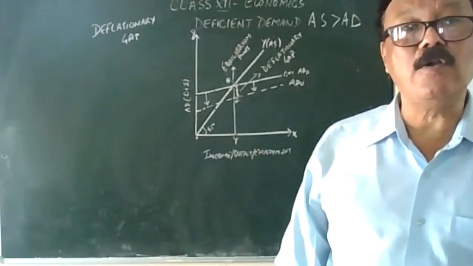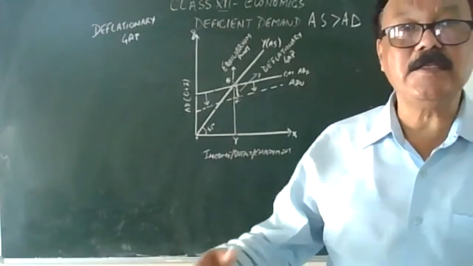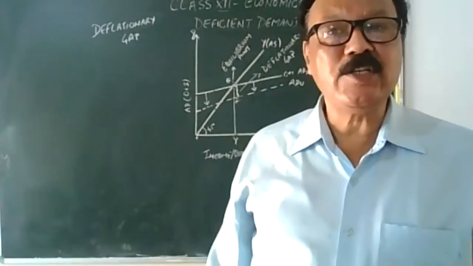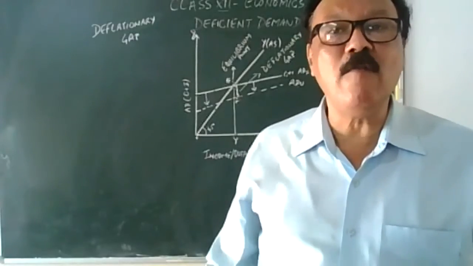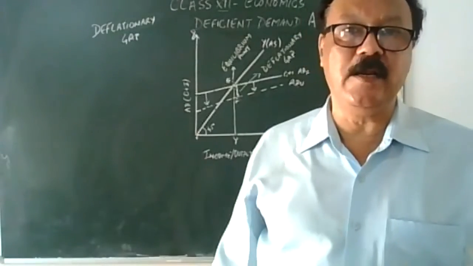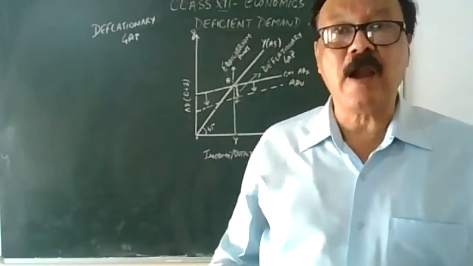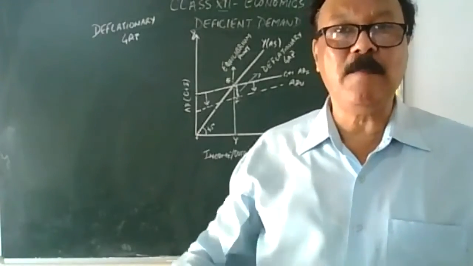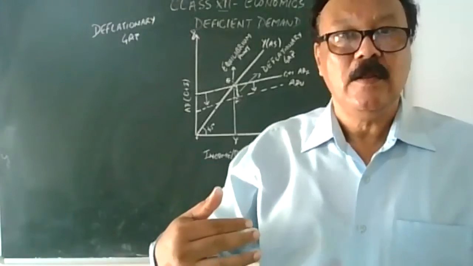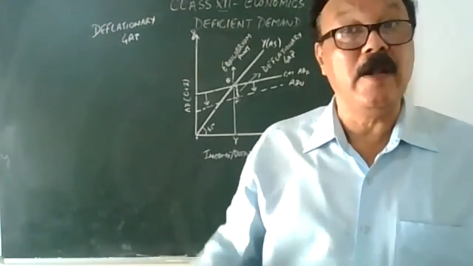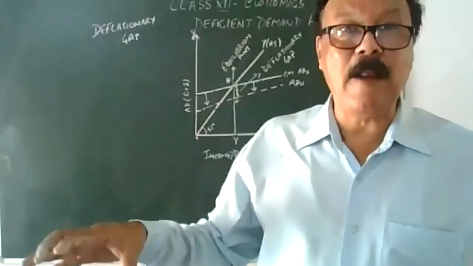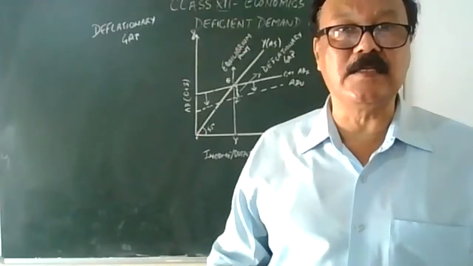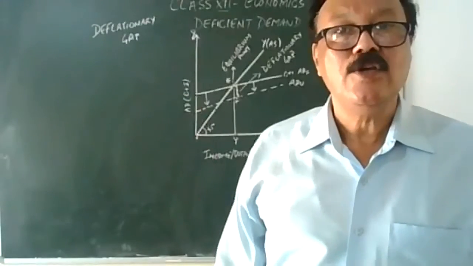Yesterday we spoke about excess demand. When there is more demand and less supply, what situation is created? A situation of inflation. What do you mean by inflation? Rise in the price. Why do prices rise? Because people try to outdo each other to purchase what they require. Demand more, supply less, so the prices normally shoot up.